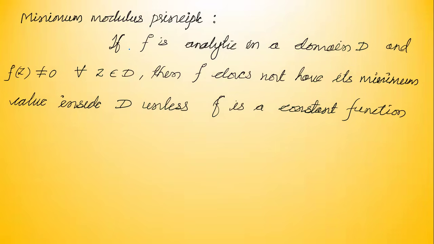Minimum modulus principle: if f is analytic in a domain D and f of z not equal to 0 for all z belongs to domain D, then f does not have its minimum value inside D unless f is a constant function.